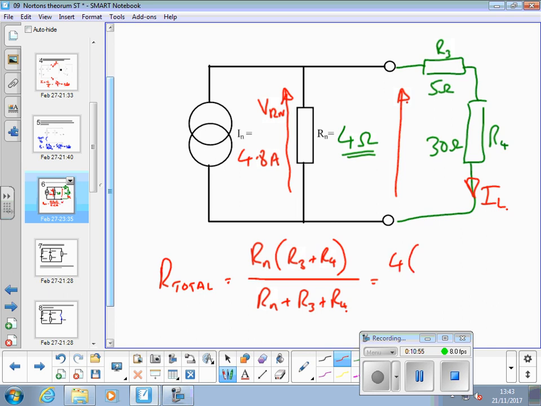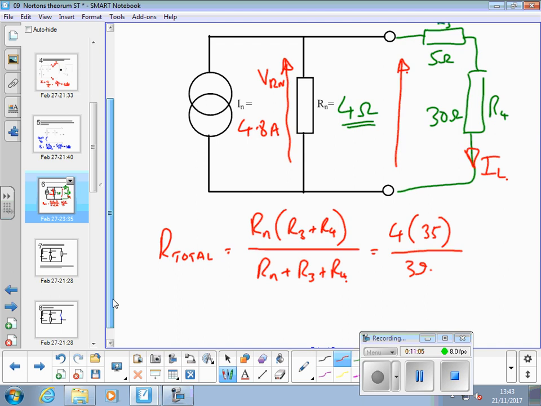Four times 35 over 39. Will it come out to, Lewis?